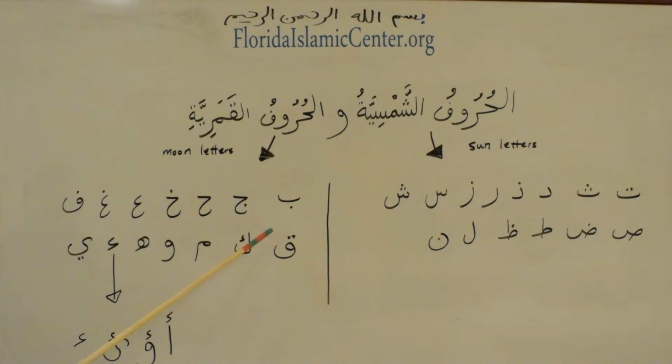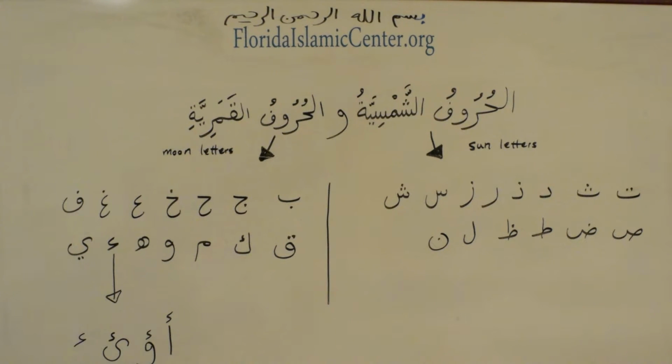The moon letters are ba, jim, ha, kha, ain, ghain, fa, qaf, kaf, mim, waw, ha, hamza, ya.